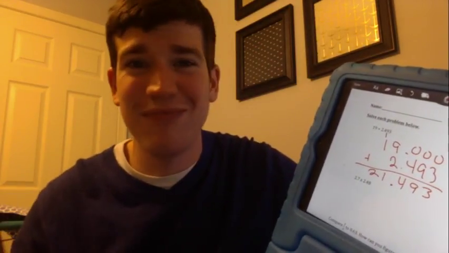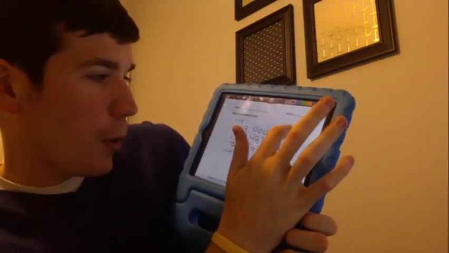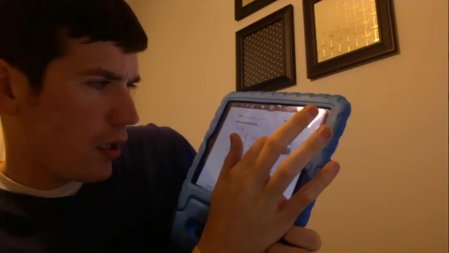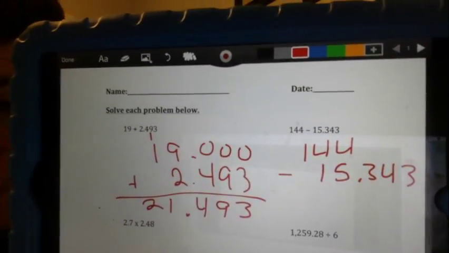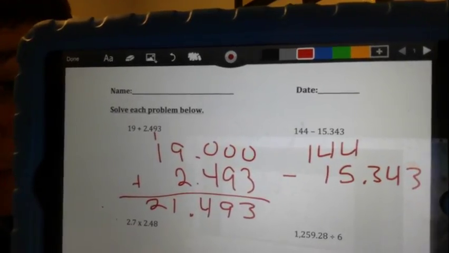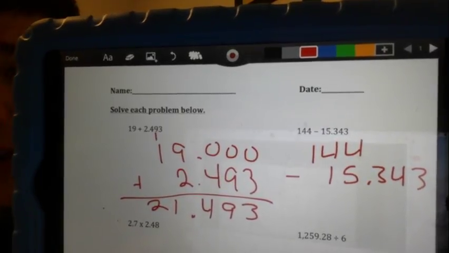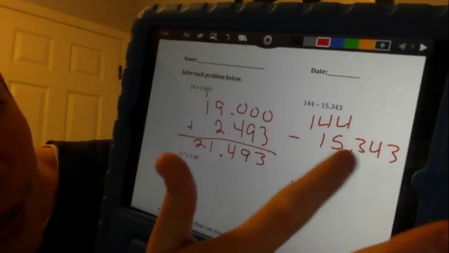So I'm thinking of subtracting a really big number minus a number not nearly as big. I'm going to take 144, and again I'm going to line up my place value. I'm going to ask myself what number is in the tens place, the ones place, and then the tenths, hundredths, and thousandths. So I'm going to put the 15 like this, because I'm taking 144 wholes minus 15 wholes, but then I still have to subtract the 343 thousandths.